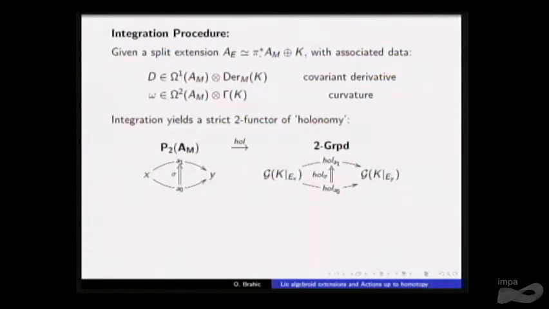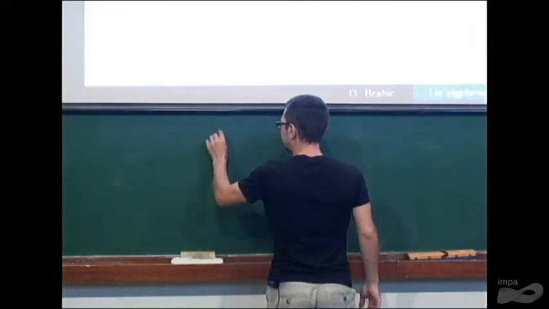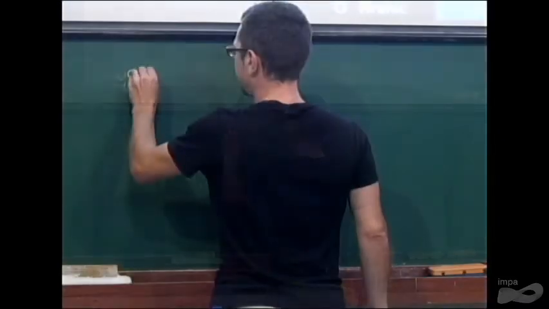So here, maybe I'm going to write this here. So categories. I may say category and then I think of groupoid, but what I say makes sense for categories. So what is a functor? What is a groupoid?